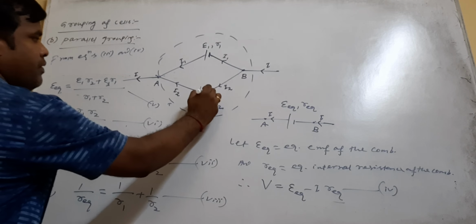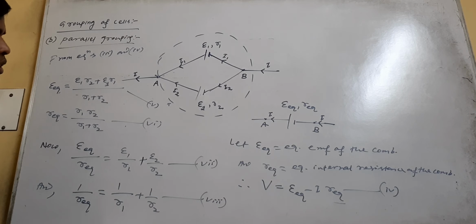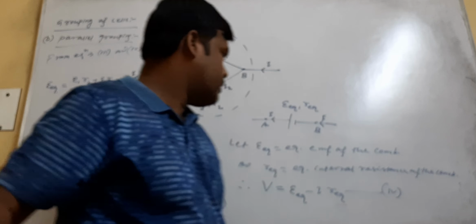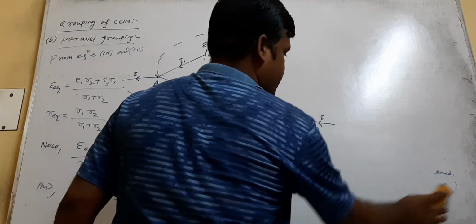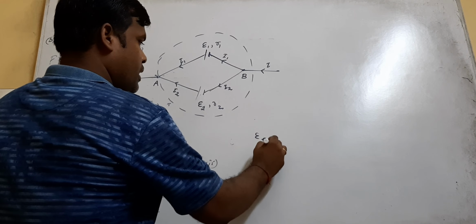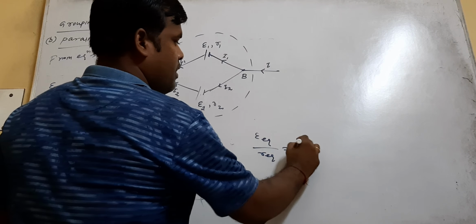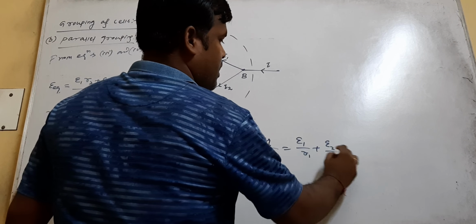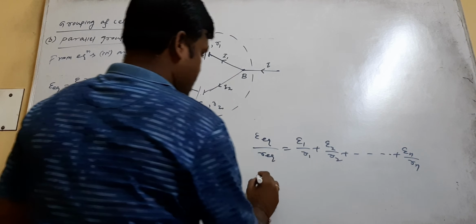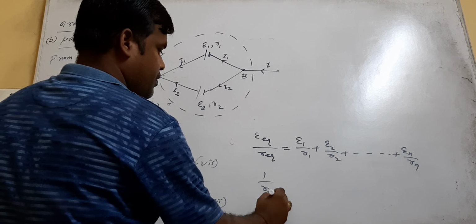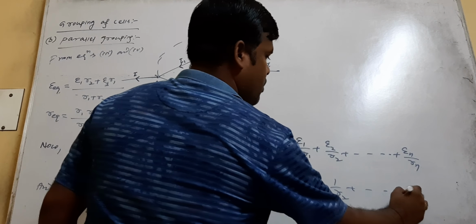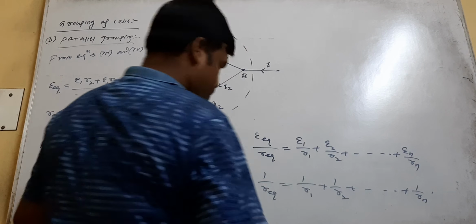So it is all about your grouping of the cells. For n cells connected in parallel, you can write like this. And for internal resistance, it is 1 by R1 plus 1 by R2 up to 1 by Rn.